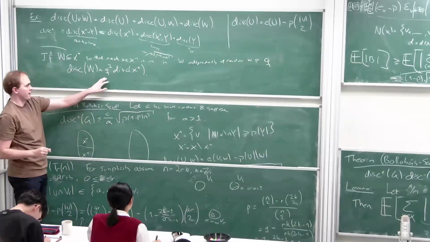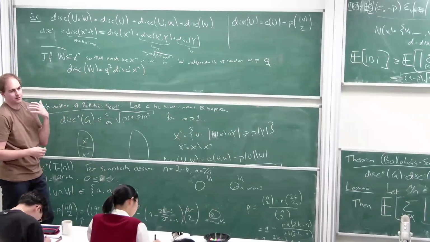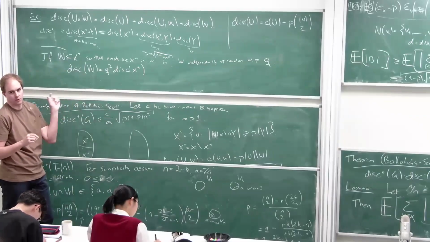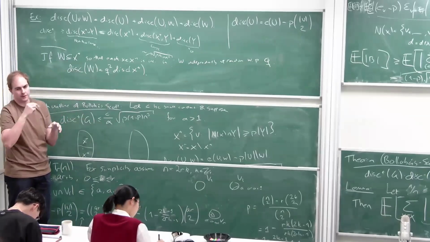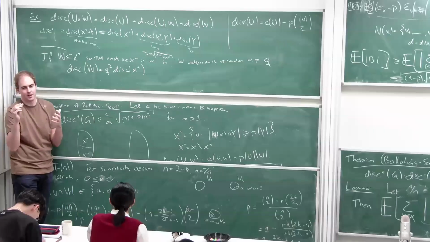Why? Because for every edge, the chance that it survives in W is q squared, because we need both these endpoints to survive.